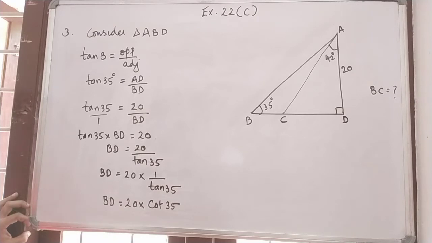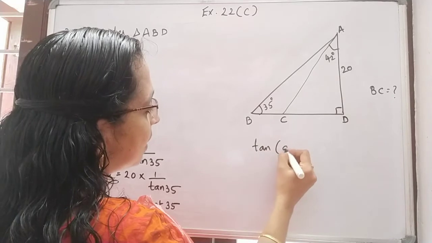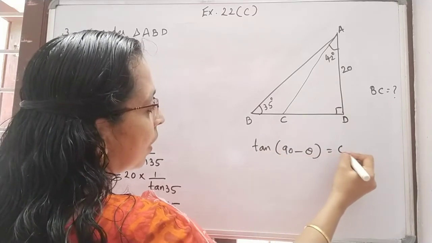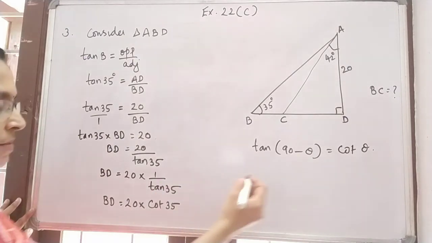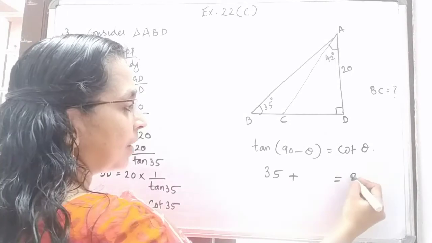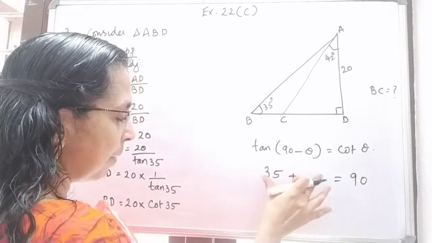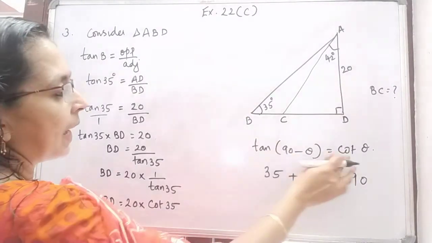So cot 35. Cot and tan have a connection through complementary angles. We know tan of 90 minus theta is equal to cot theta. That means 35 plus some angle should give 90. The sum of these two angles will be 90 degrees. That is the connection between tan and cot.